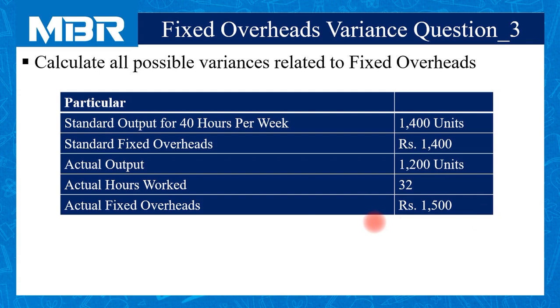In this question, information is given to us in a different format. So first of all, we need to understand the information given to us in the form available on your screen, and we need to mold the question as per our requirement. Let us start the solution of the problem.